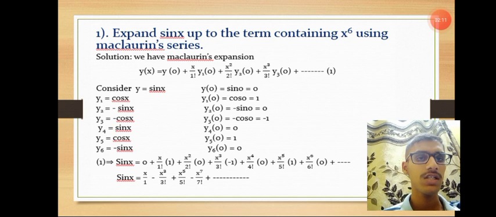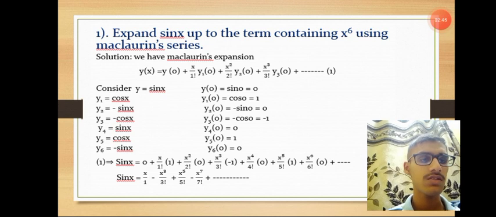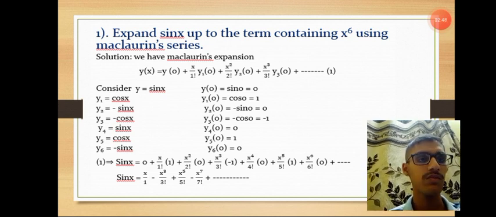Then we will get sin x equals 0, y of 0 is 0, y1 of 0 is 1, so x divided by 1 factorial into 1 plus x square divided by 2 factorial into 0. 0 is nothing but y2 of 0's value, x plus x cubed over 3 factorial into minus 1 plus x to the power 4 divided by 4 factorial into 0 plus x to the power 5 over 5 factorial into 1 plus x to the power 6 divided by 6 factorial into 0.